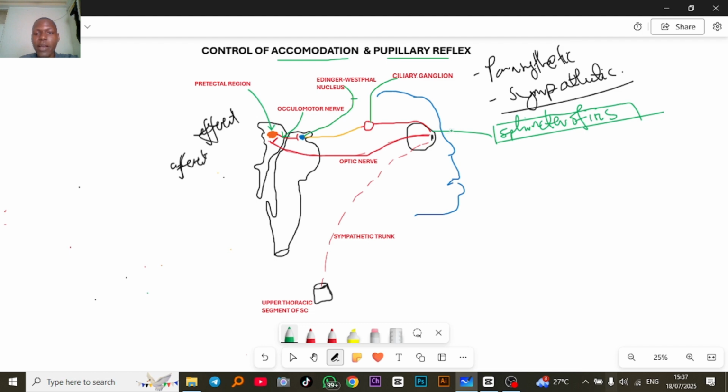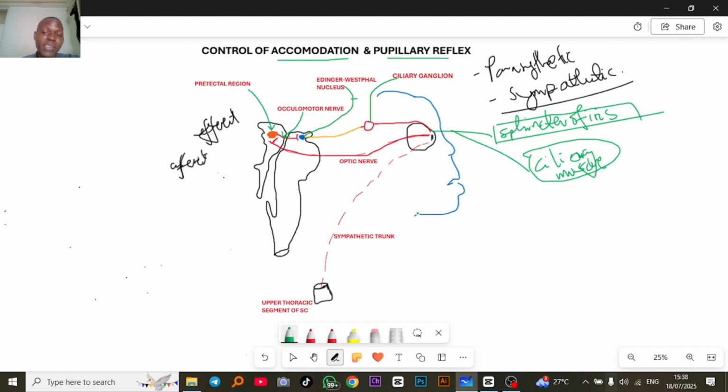Then the other one is the ciliary muscles. Remember from the introductory part, we said that the ciliary muscles directly influence the tension on the suspensory ligaments. That is, if the ciliary muscle contracts, it would mean that the tension in the suspensory ligaments will reduce.